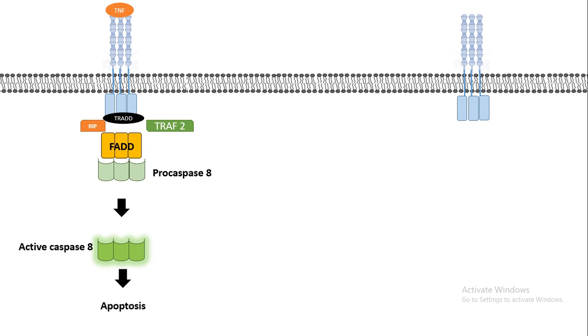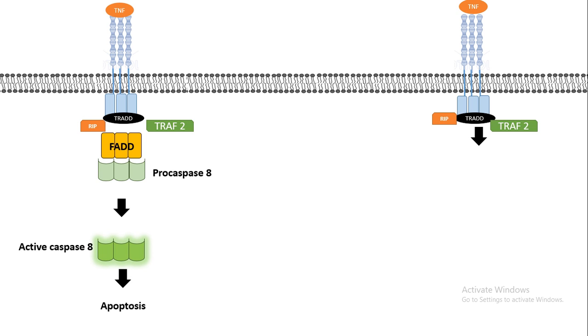But there is another format of signaling used by the same receptor. Sometimes TNF alpha and TNF alpha receptor mediated signaling could lead to survival. In that case, the signaling happens in a slightly different way. So definitely TRADD, RIP, and TRAF, etc. interact with the death domain of the TNF receptor.